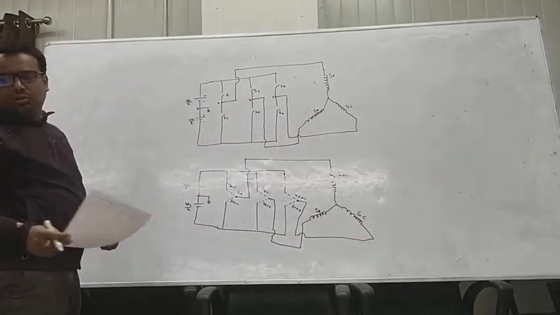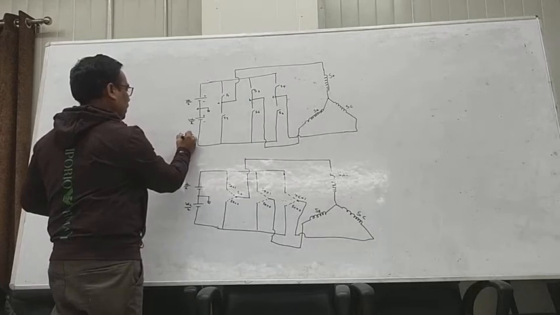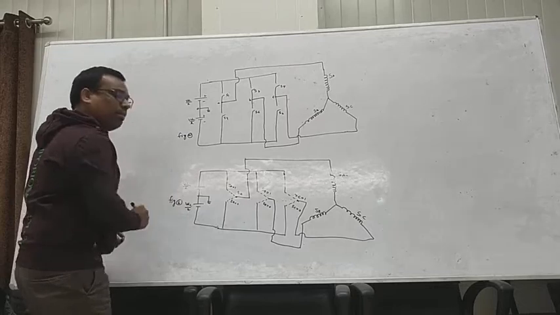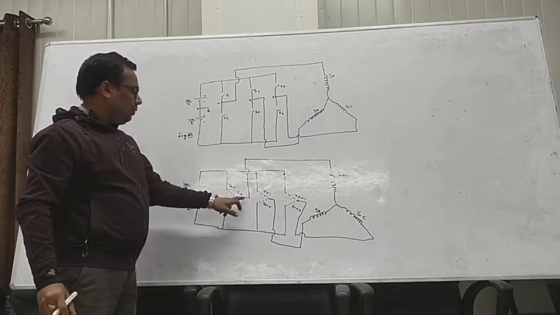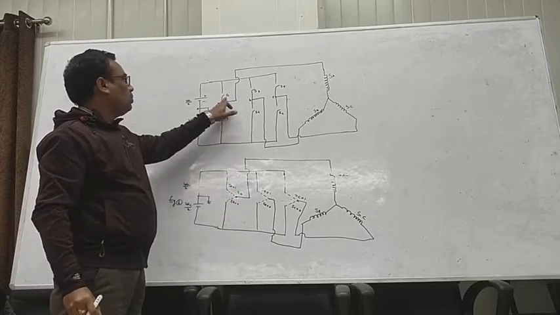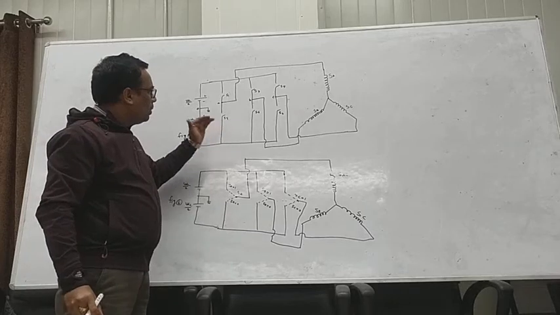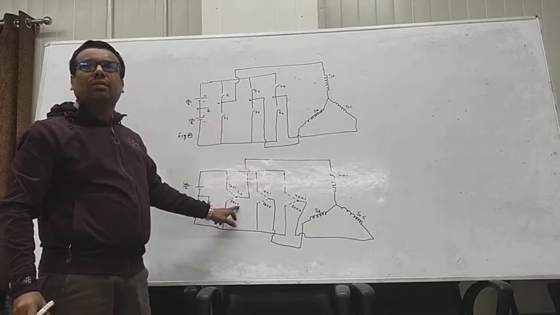If you observe these two diagrams, this is figure A and this is figure B. Here, if phase A is connected to S1, then SA is equal to 1. If the bottom switch S4 is turned on, then SA is equal to 0.